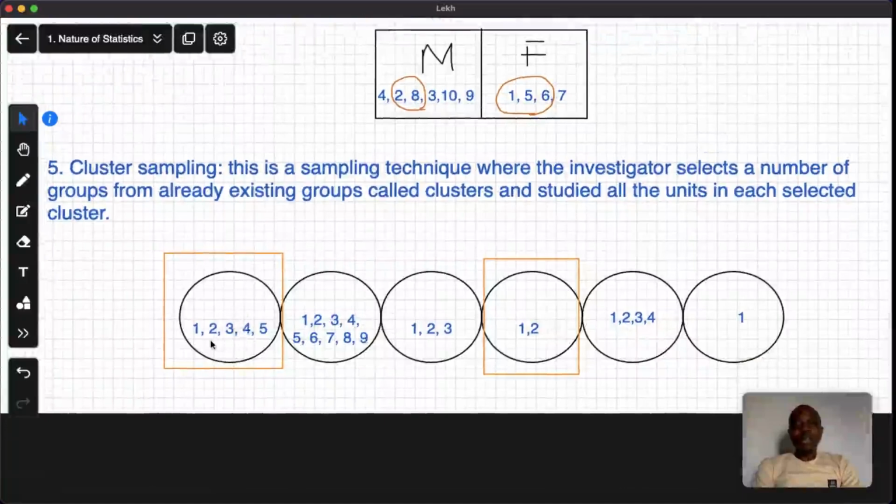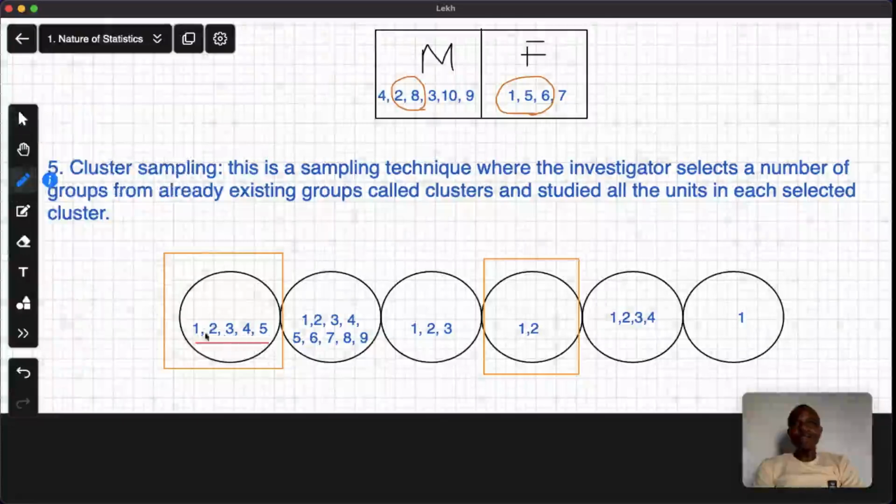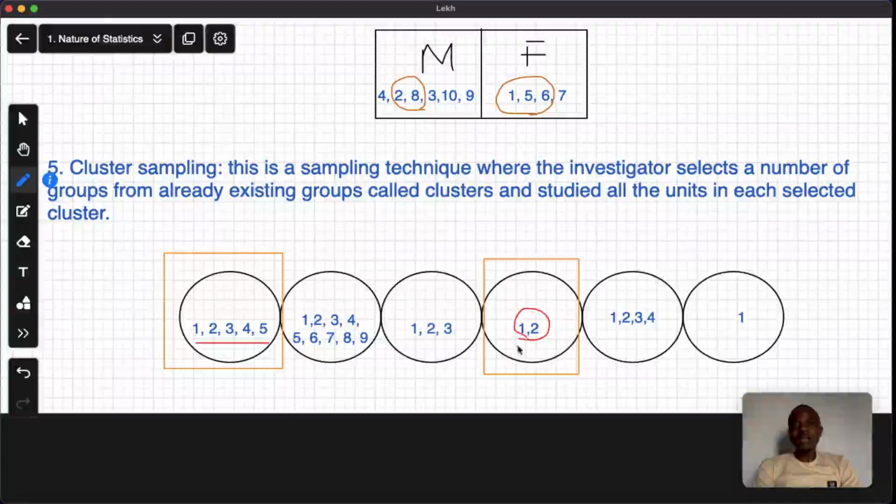In the first cluster, I can see there are 5 units, so I'm going to study all 5 of them. The second cluster I've selected has 2 units, so I'm going to study both of them also.